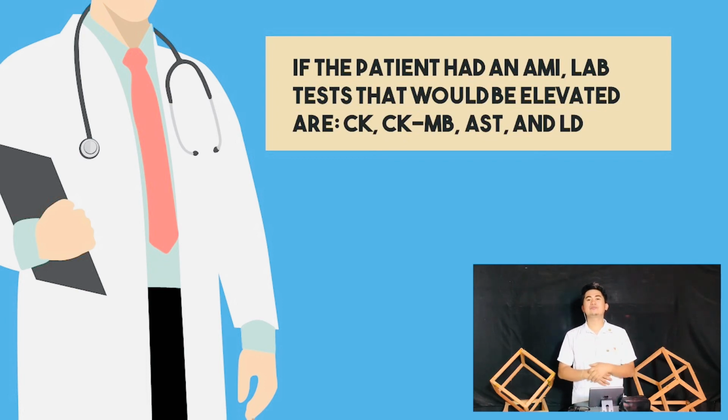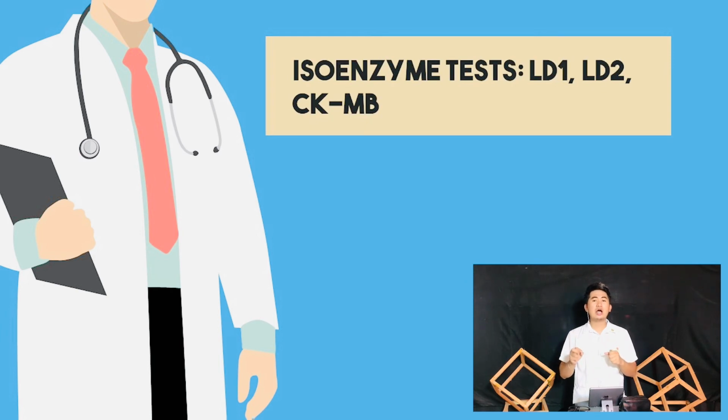Number 3 question. What enzyme test could be useful for this patient? It would be useful to test the isoenzymes of lactate dehydrogenase, LD1 and LD2, or it could also be possible the CKMB as well. So that ends my presentation for this case study. Thank you so much for listening.